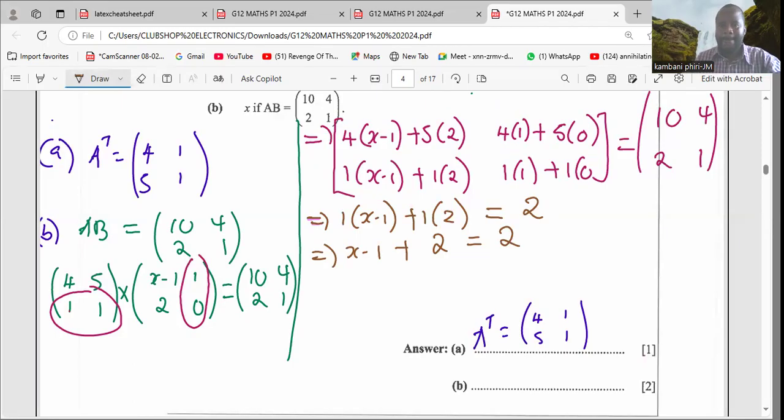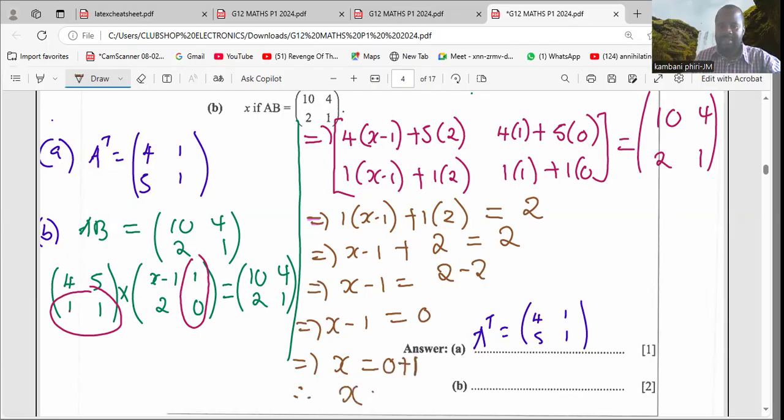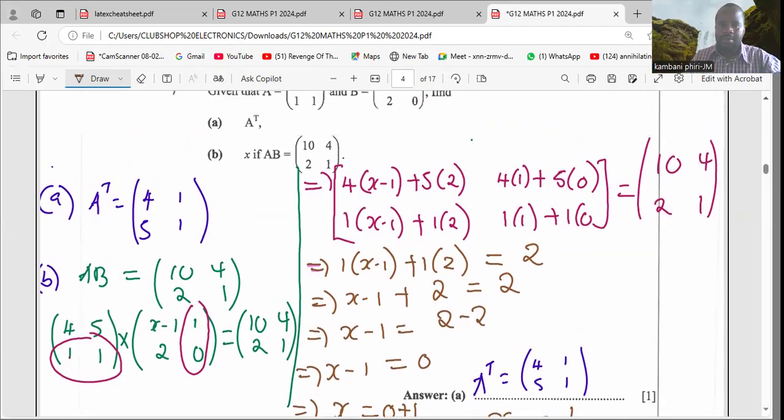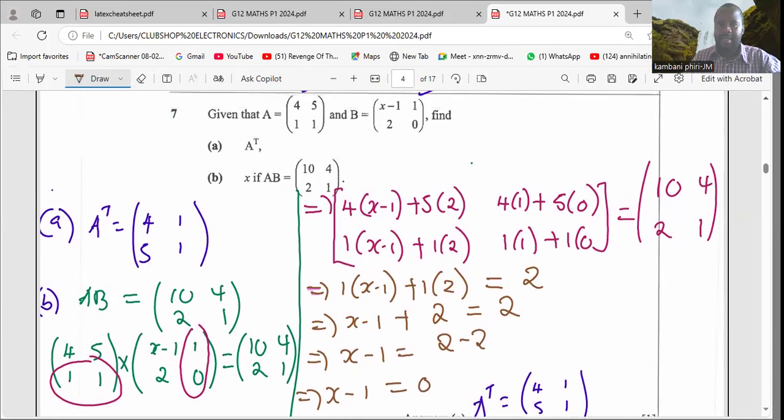Therefore, we have x minus 1 is equal to 2 minus 2. x minus 1 is equal to 0. And therefore, x is equal to 0 plus 1, which simply means x is equal to 1. So that's it. x is 1.